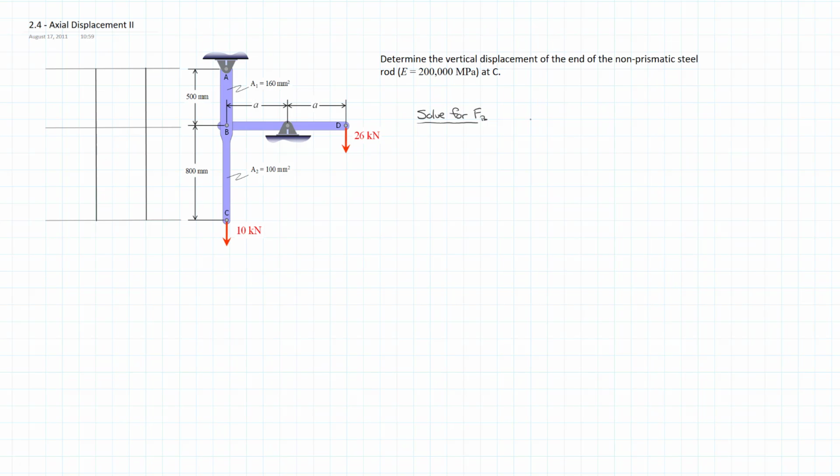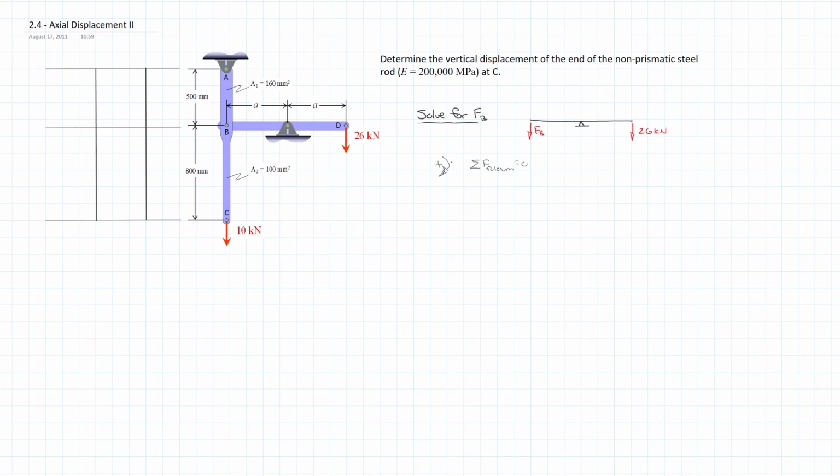So we're just going to do a quick free body diagram of the horizontal member BD. I'll draw in the fulcrum, and it has a force acting down here of 26 kilonewtons and needs to be balanced by a force acting on it down here at B, force at B. And so we'll just do a quick resolution of the forces about the fulcrum, set it equal to 0.